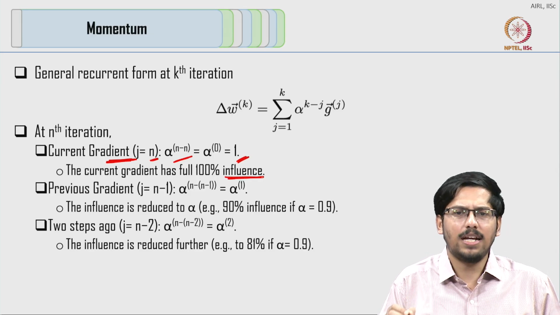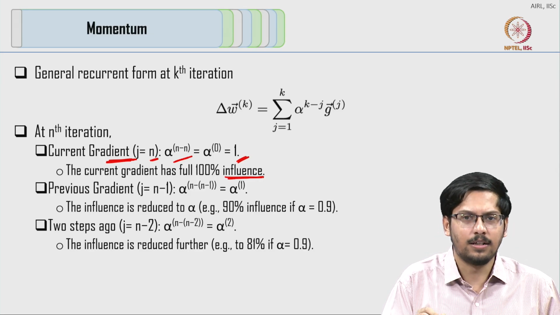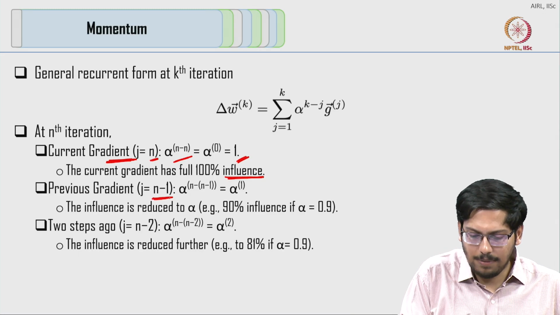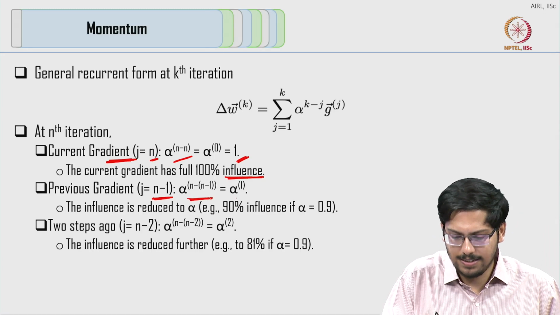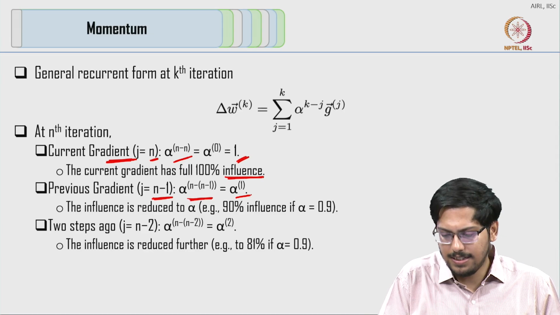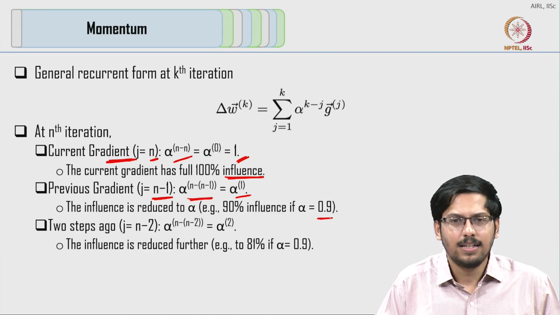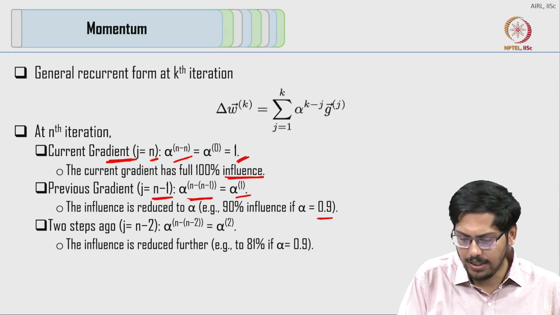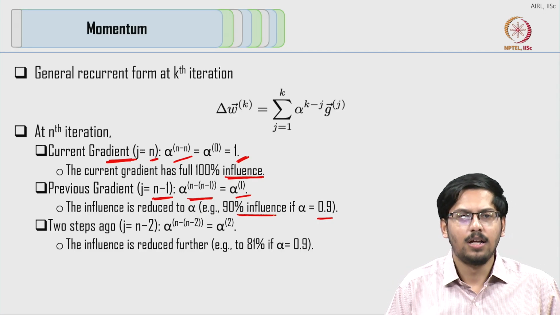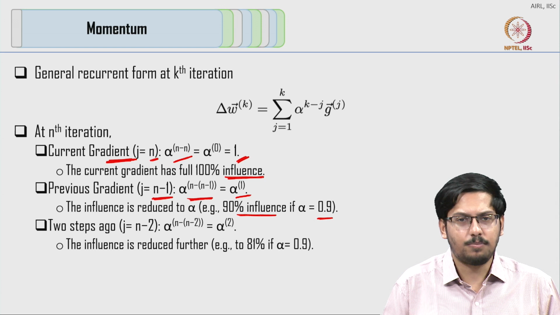Now let's look at the n minus 1th gradient. When j is n minus 1, this becomes alpha to the power n minus (n minus 1), which is essentially only alpha. Let's say the value of alpha is 0.9, then the influence of the gradient at the n minus 1th iteration is 90%. Now let's take a look at 2 steps prior.